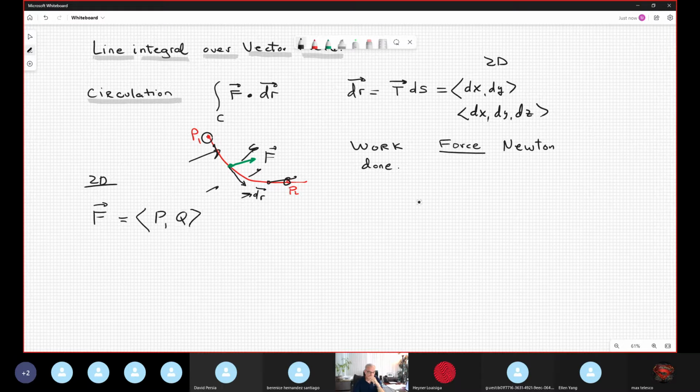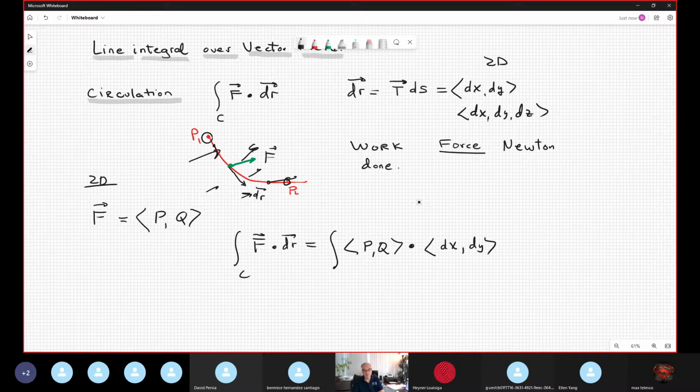Remember, P and Q are scalar functions depending on x and y in two dimensions. So this integral, F dot dr, is equivalent to the integral where the vector field is P, Q, dot product, and dr is dx, dy.